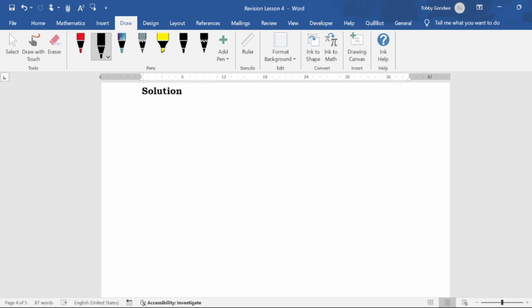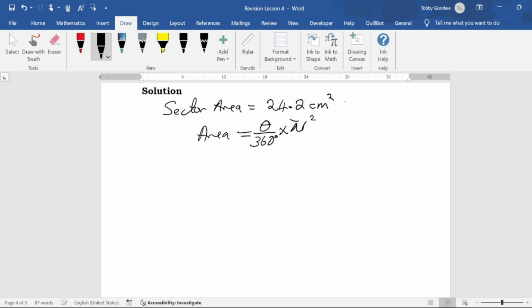So we are given the sector area, which is 24.2 square centimeters. Now, how do we calculate sector area? We always calculate the sector area as the angle theta of the sector divided by 360 degrees multiplied by the area formula for a circle.